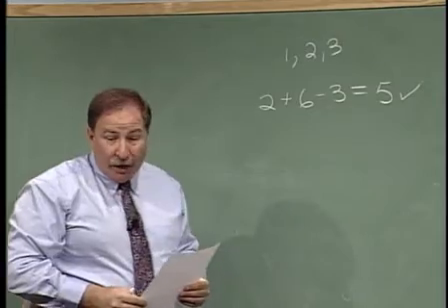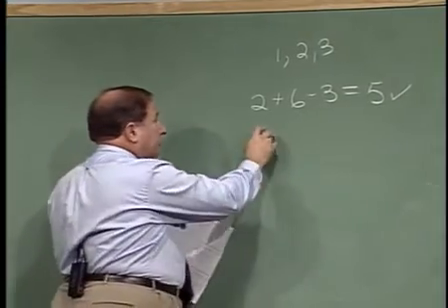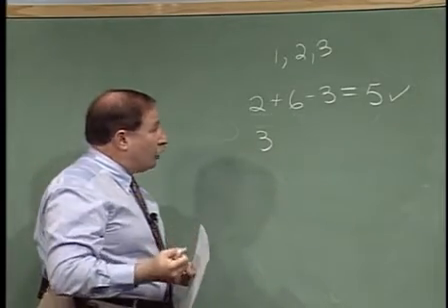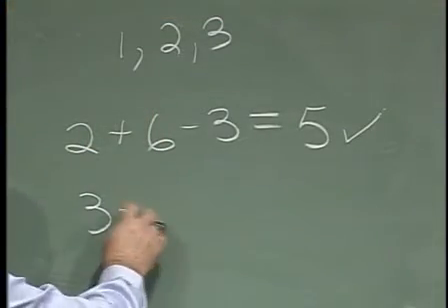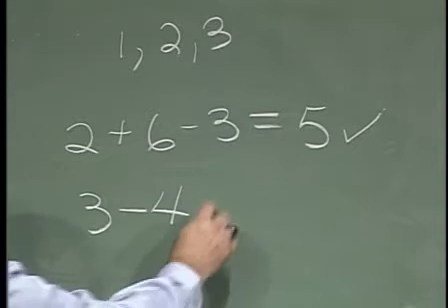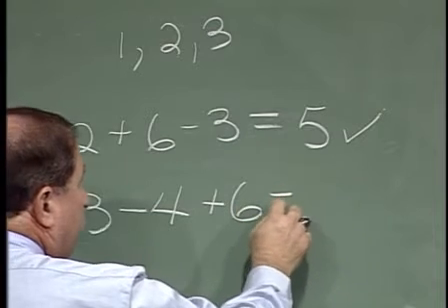Equation 2, we have 3x. 3 times 1 is 3. Minus 2y. Well, let's see. Y is 2, so it's minus 2 times 2 is minus 4. And plus 2z, equation 2 is plus 2z. I was correct, plus 2z. Z is 3, so it's plus 6.